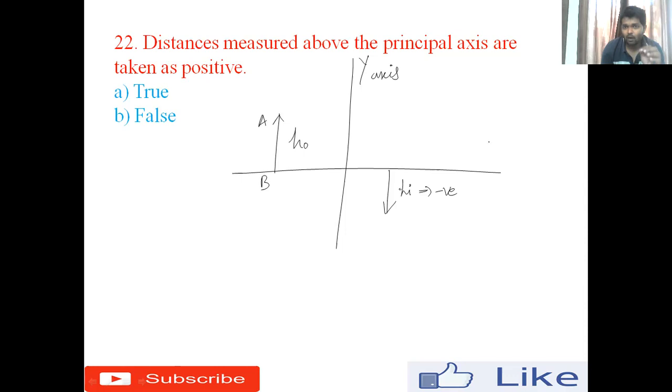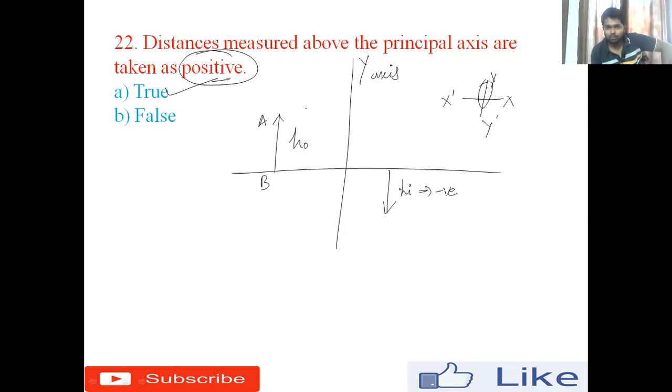So we have to follow the rules of the Cartesian sign convention. This is the y-axis, this is the y dash axis, the x-axis and the negative x-axis, let me take it as x dash. Anything you are measuring along the positive y-axis, we should take as positive. So the right answer is true.